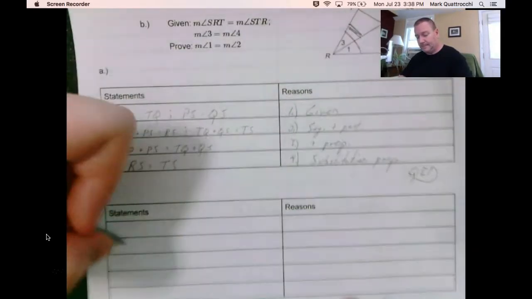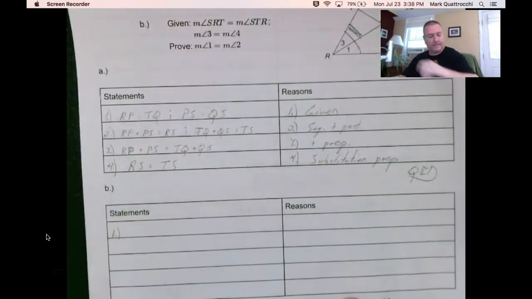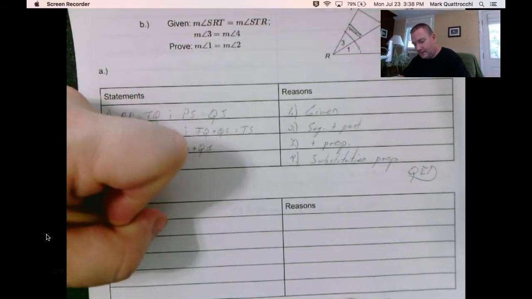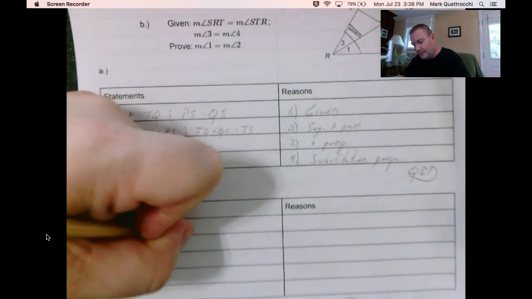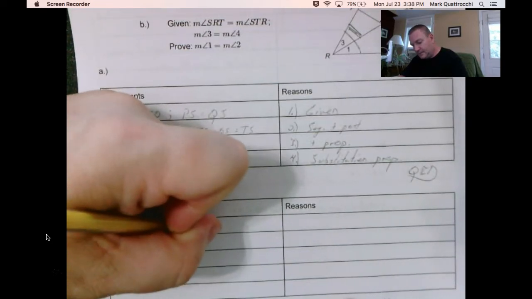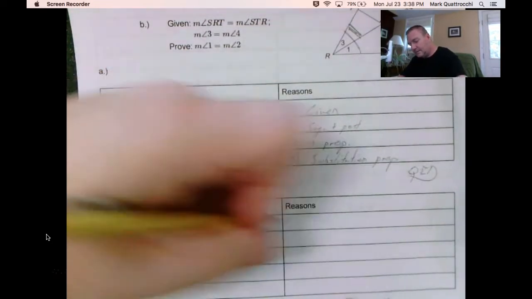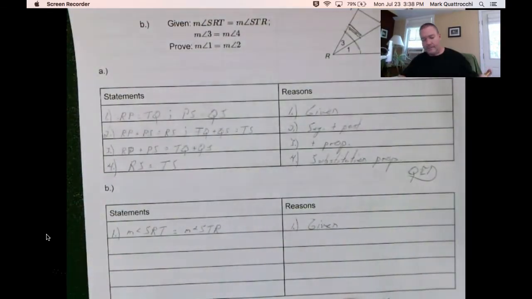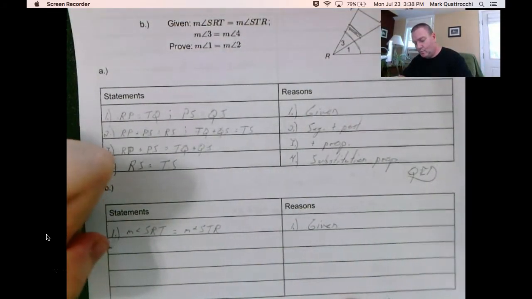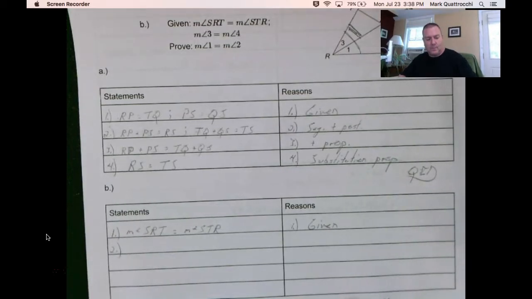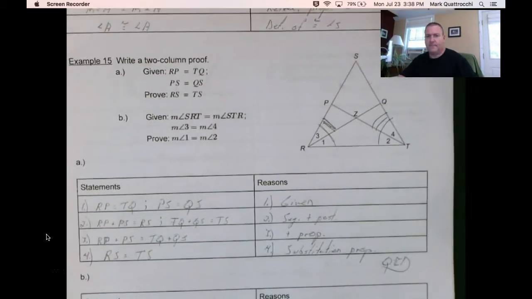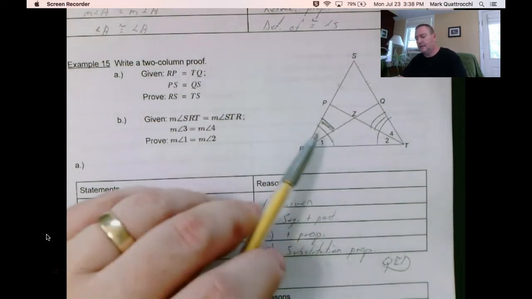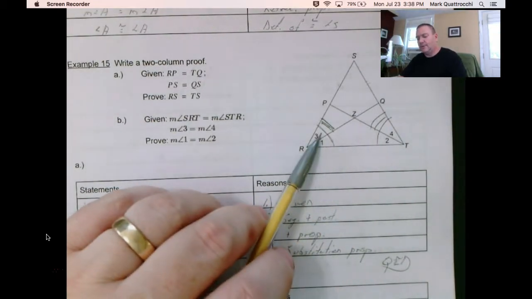Let's go through it. Statement 1: the measure of angle SRT equals the measure of angle STR, given. Statement 2. If we look at the diagram, what can you tell me about angle SRT? Well, it's a combination of angles 1 and 3.